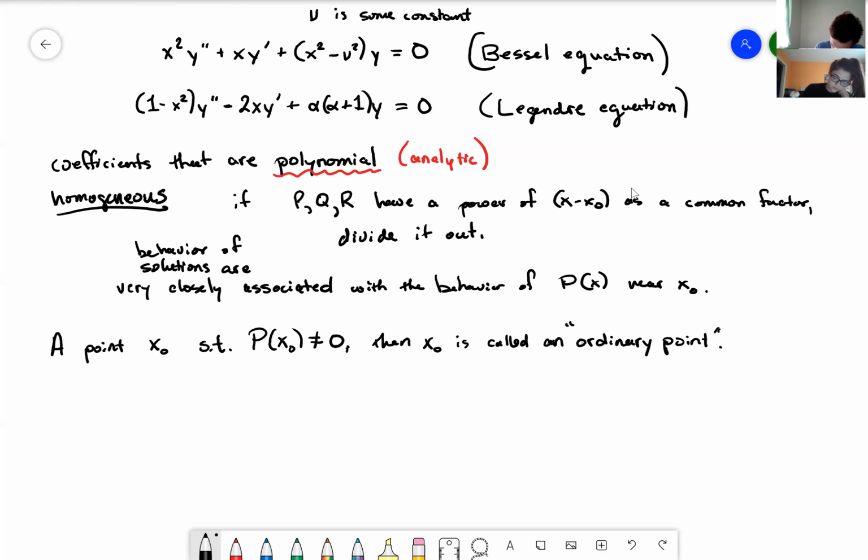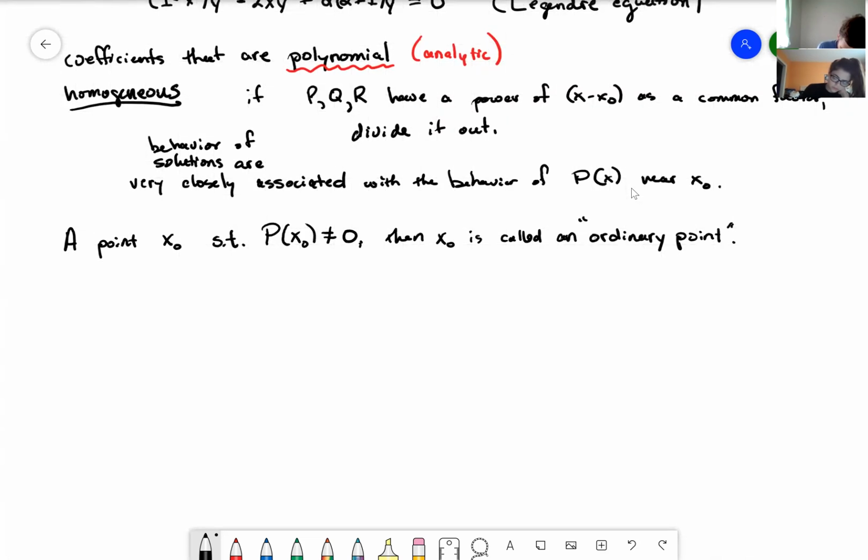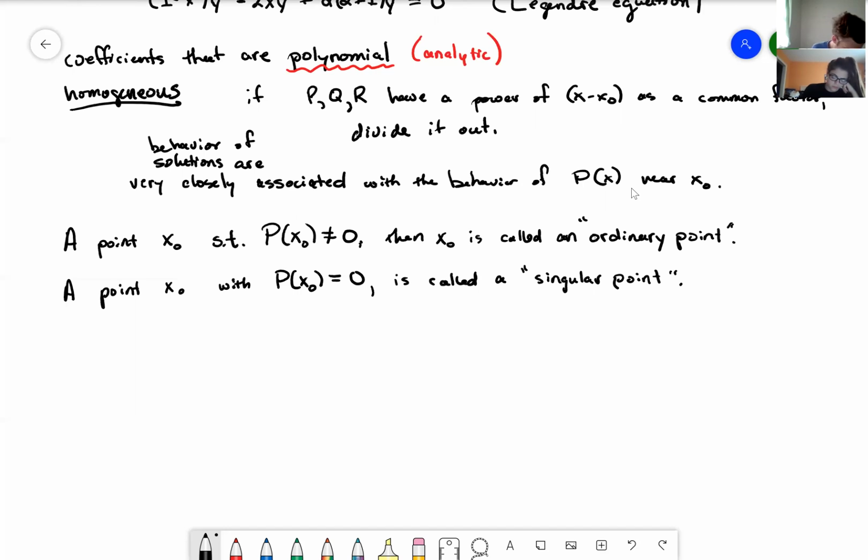On the other hand, a point x0 such that P of x0 does equal 0 is called a singular point. Now, what's the purpose of distinguishing these two situations?